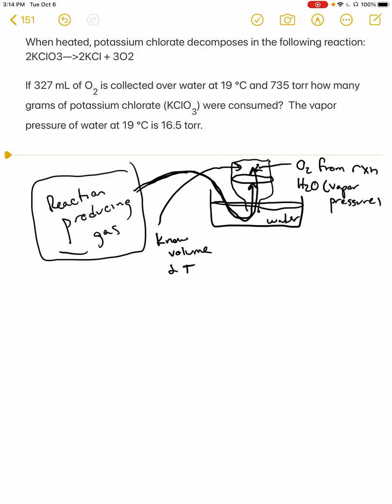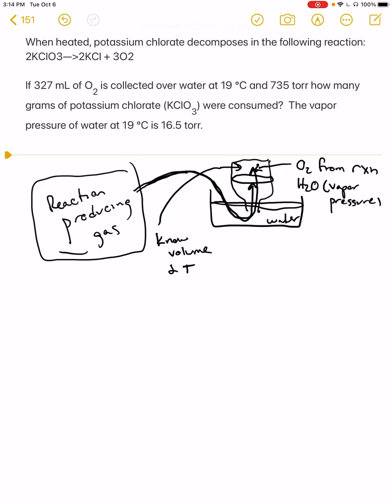So those known volumes and temperatures are given here in the problem that we're looking at: 19 degrees C and 735 torr. You can read that up at the top. When this reaction is carried out, it produces gas to completion.